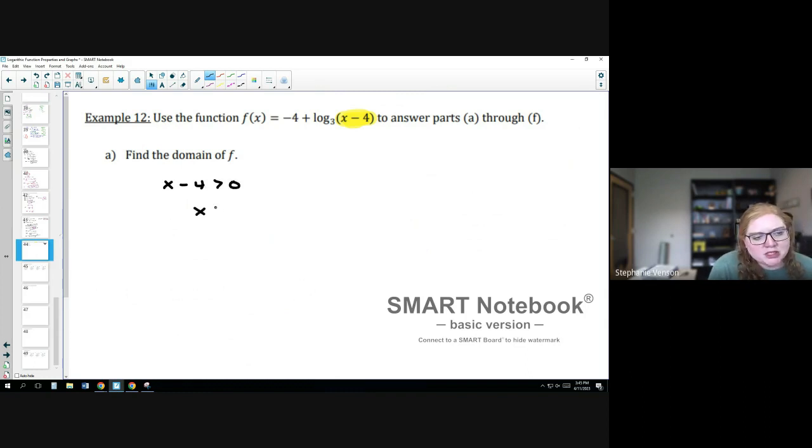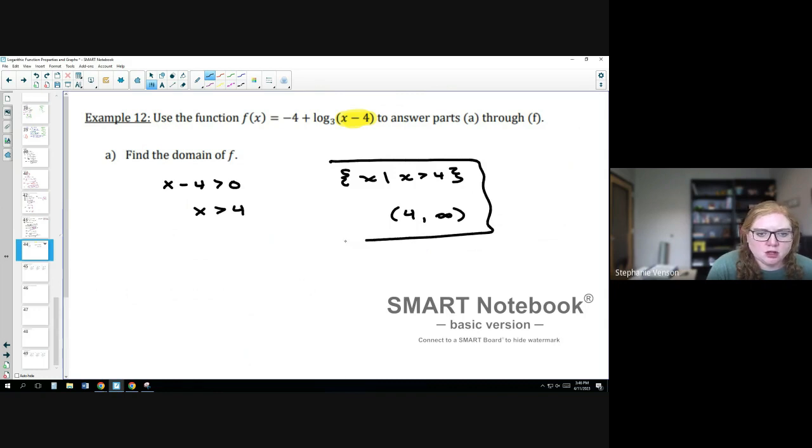Adding 4 to both sides, I get that x is greater than 4. So if they asked me for this in set builder notation, I would say x such that x is greater than 4. And if they asked for this in interval notation, I would simply say 4 to infinity. Okay, part A is done.